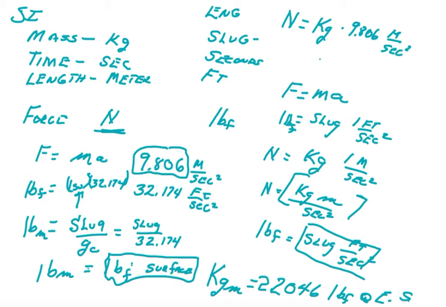And that is the definition of a Newton as kilogram meters per second squared. So the force in newtons is equal to kilograms times G sub C.